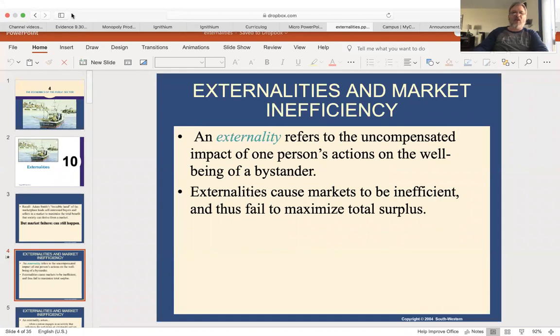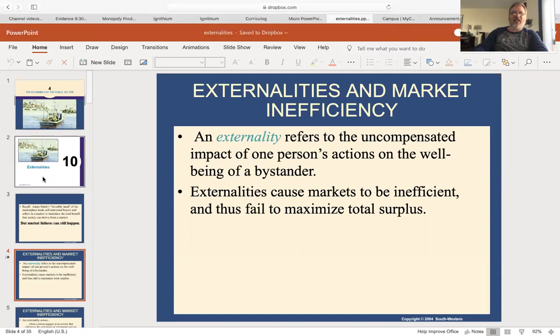Externalities are when, the typical example, there are hidden costs of production. And so it's important to realize that when economists construct this measure of social welfare, which, remember, we mean welfare in the sense of well-being, how well off is society as a result of the economic activity that's taking place.